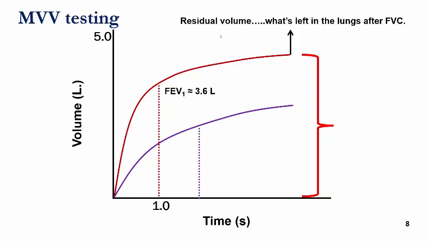And that's what's left in the lungs after the forced vital capacity test. And so in the average healthy adult, we see that the forced vital capacity is approximately 4.5 liters.